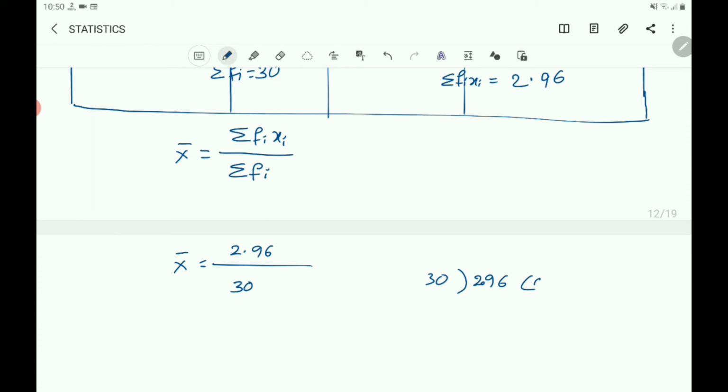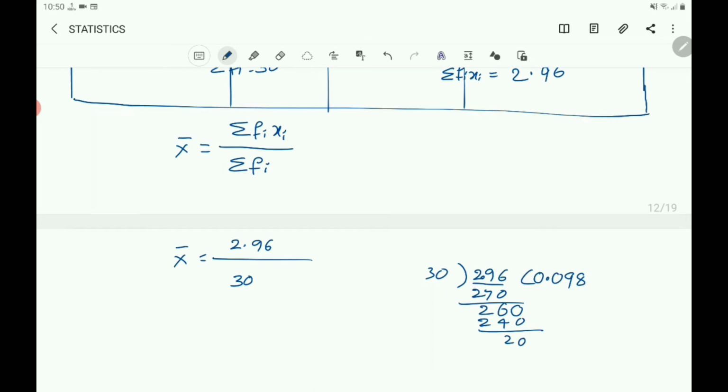And you know that here 2 is not divisible by 30, smaller than, and 29 is also not possible, so you take 0. Then 3 9s are 27, so you will get 26. Again 3 9s are 27, 3 8s are 24, then you will get 20.